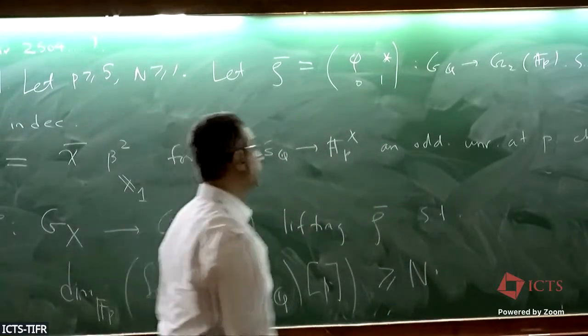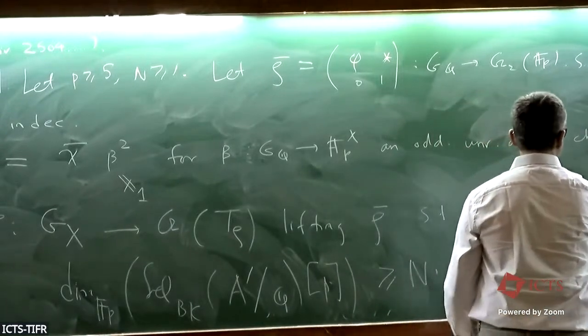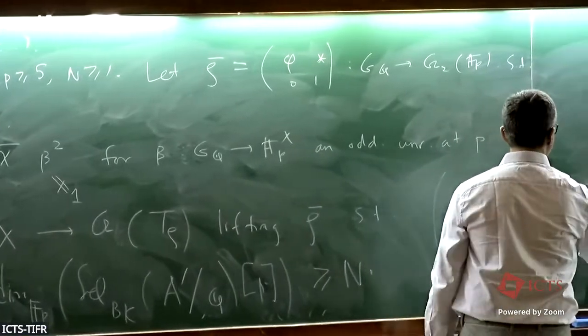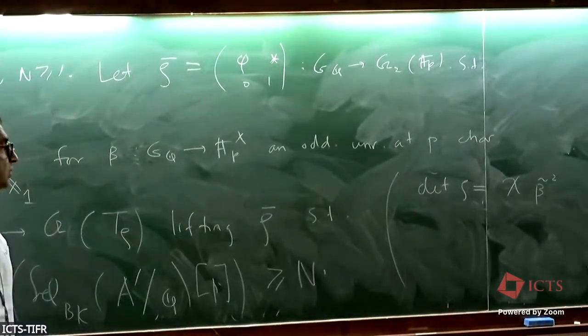So again, to remind you, this is to answer Eric's question, the determinant is actually the cyclotomic character times the diagonal lift of beta squared. So it's a weight 2 situation.